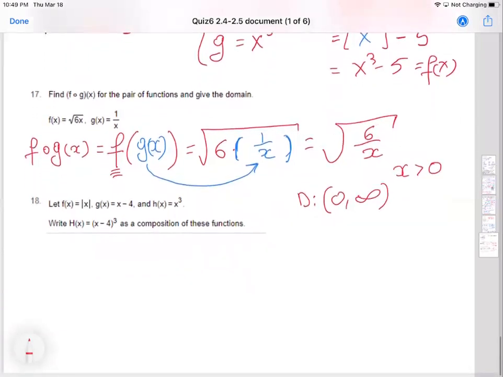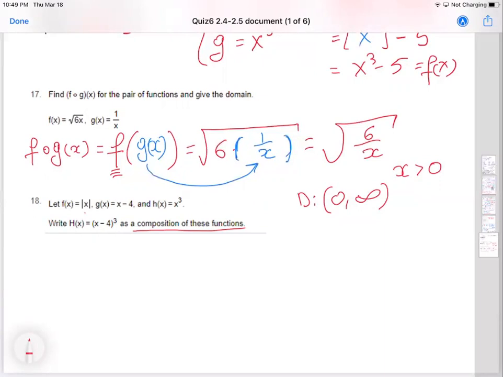Number 18. Let f of x be the absolute value of x, g of x be x minus 4, and h of x be x to the third. We have h of x as x minus 4 to the third as a composition of these functions. So let's see if we're going to need all these functions.